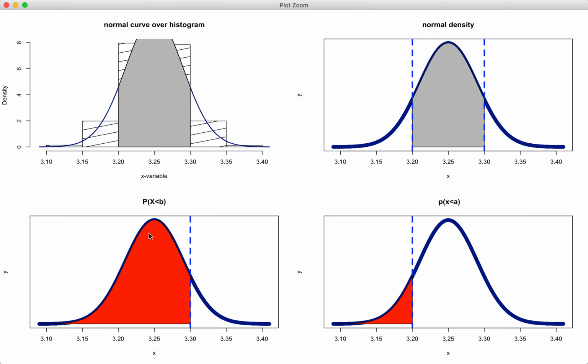The first command in R, the first pnorm function, calculates this probability. We subtract this probability to get the middle, but what I'm looking for is not the middle, I'm looking for the non-shaded region, so I take the complement and do 1 minus that. That gives me the 21%, which is what's discarded.